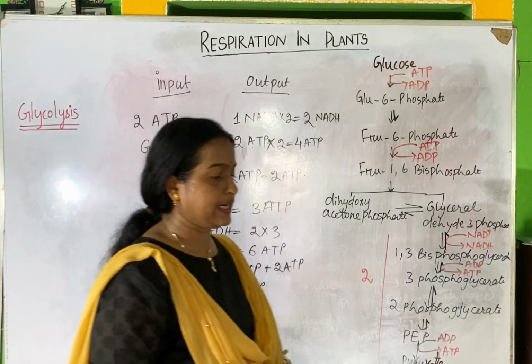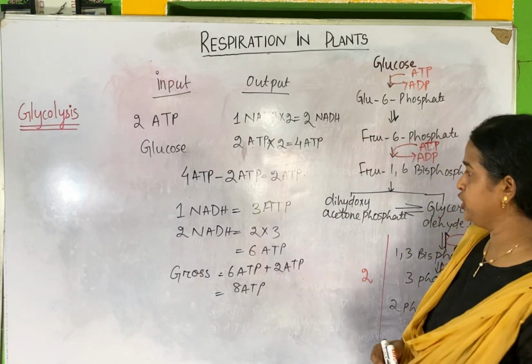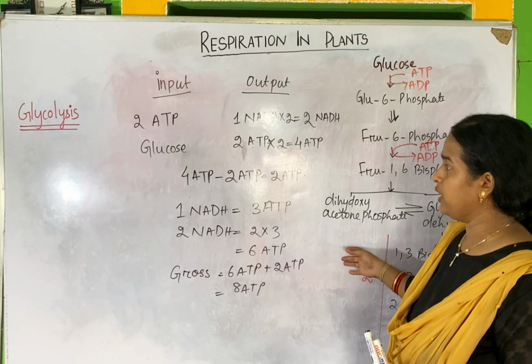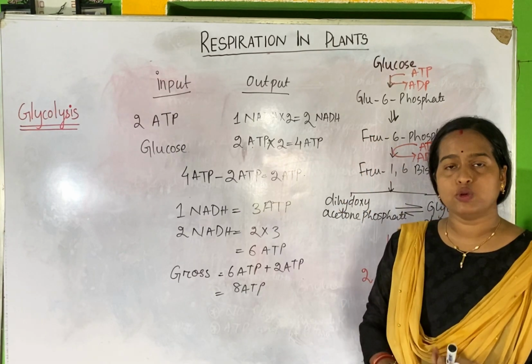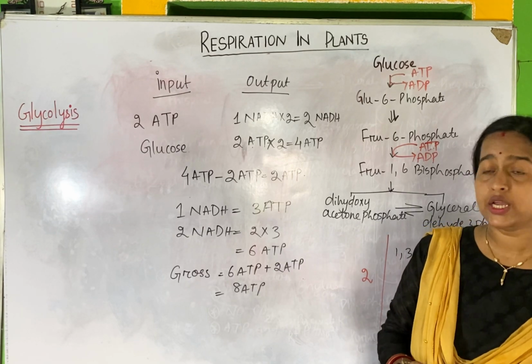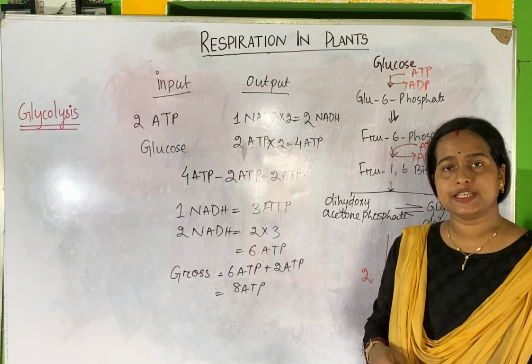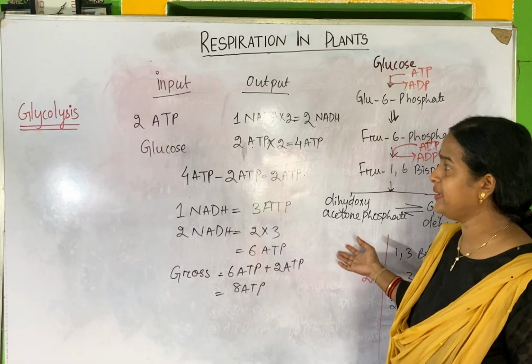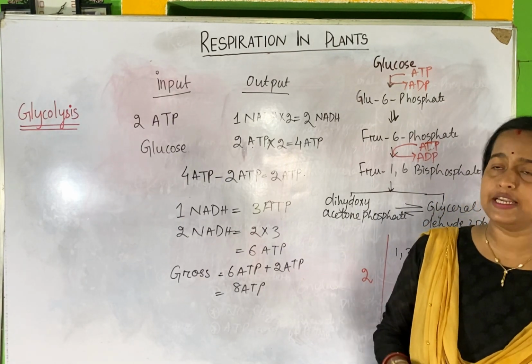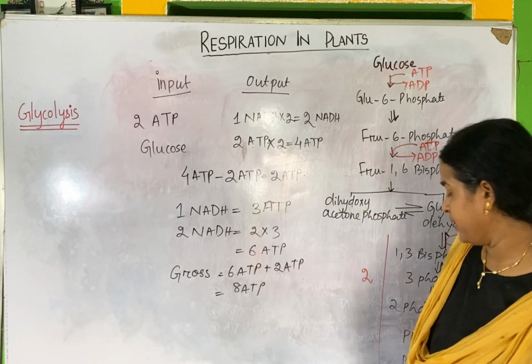But this is for the case of aerobic respiration, where a sufficient amount of oxygen is available. But I already told you that glycolysis is the common pathway. It happens in both aerobic and anaerobic conditions. So now let's discuss how the anaerobic condition works and how much ATP is utilized and released in the anaerobic reaction.